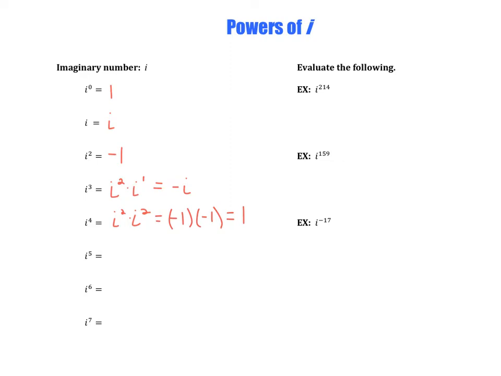And there are many different ways now that we could rewrite I to the fifth. So one of the ways we could rewrite it, only one of many, is we could rewrite it as I to the fourth times I to the first.